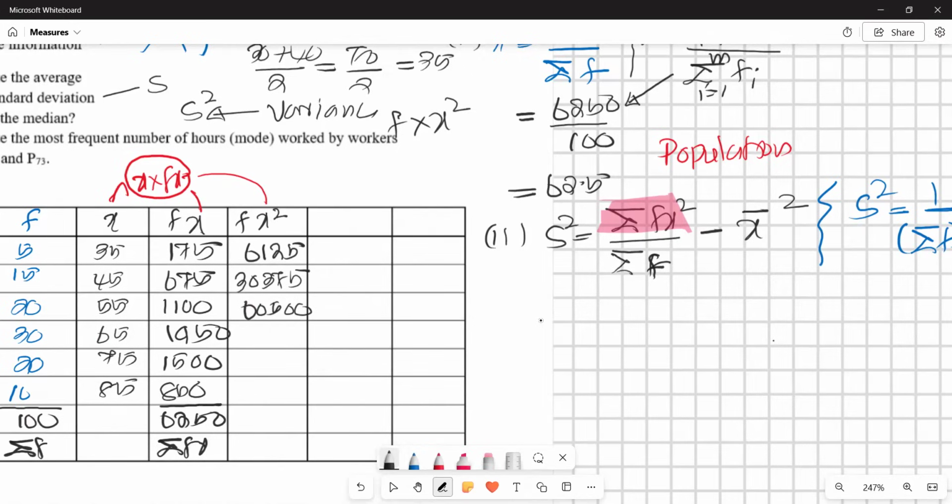65 into 1,950. This is 126,750. 75 into 1,500.